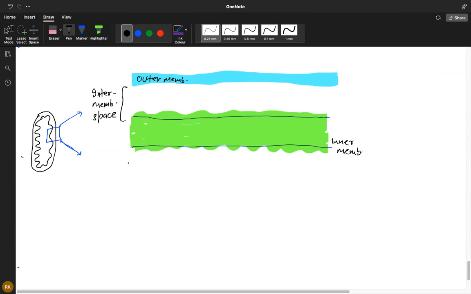And this inside will be the mitochondrial matrix. What are we making here? Outer membrane, intermembrane space, inner membrane, and mitochondrial matrix. So this whole thing from here to here is clear, right?